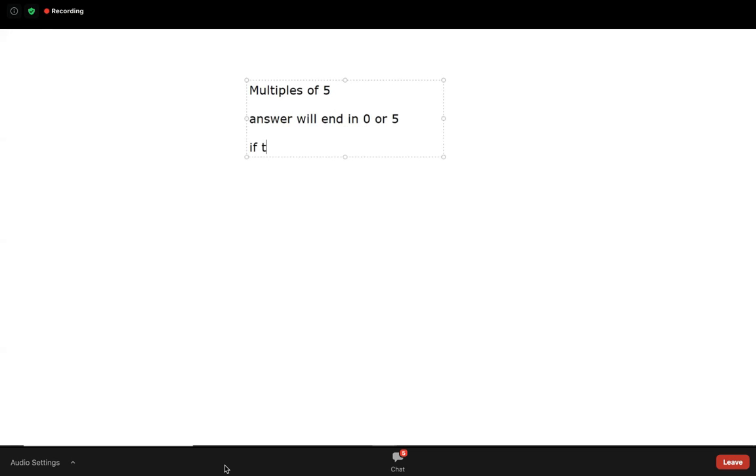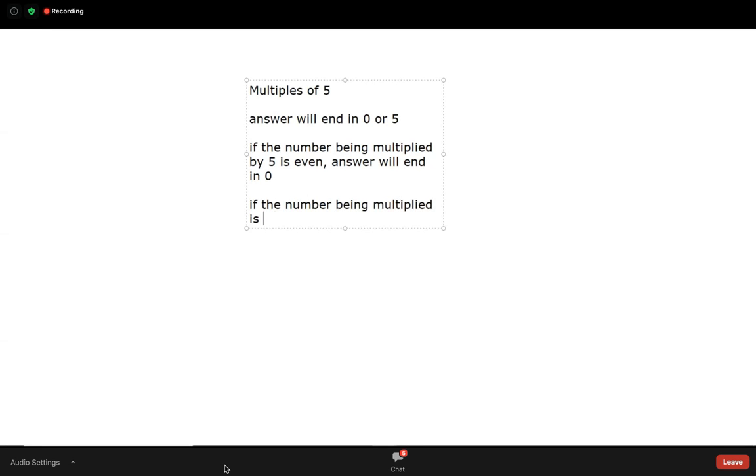If the number being multiplied by 5 is even, the answer will end in 0. And if the number being multiplied is odd, it'll end in a 5. So let me show what I mean by this.